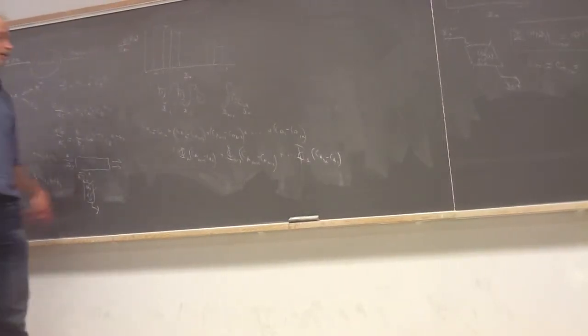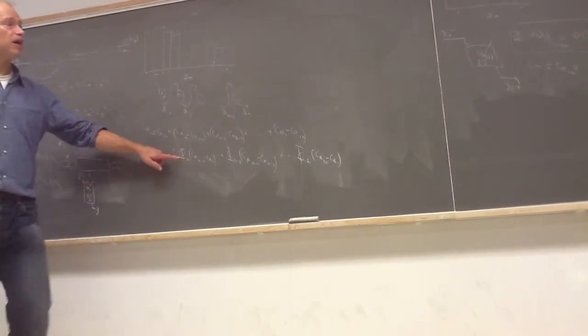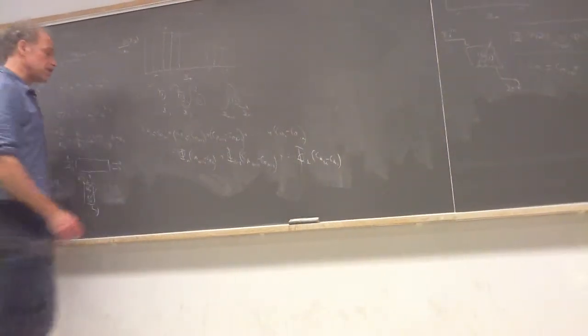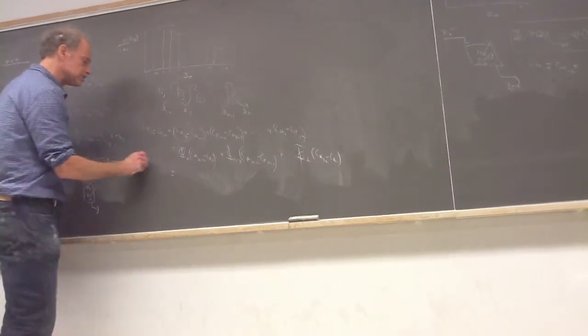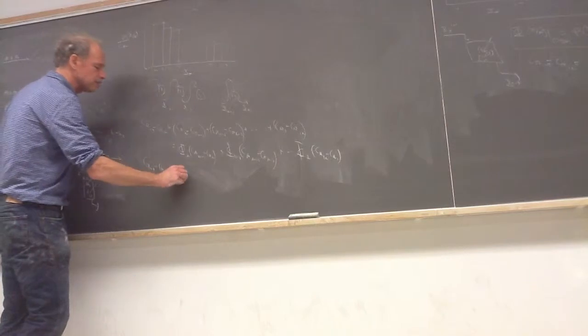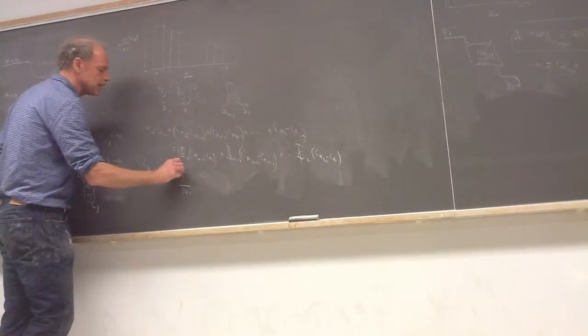So immediately, since each of the big phi's is equal to a little phi, we have that CR out minus CR in is the sum, j equal 1 to n.